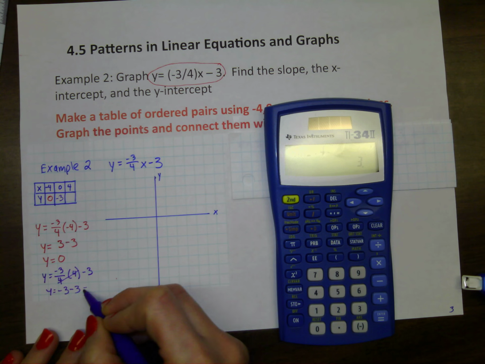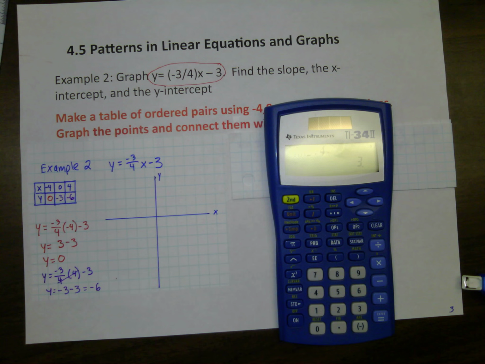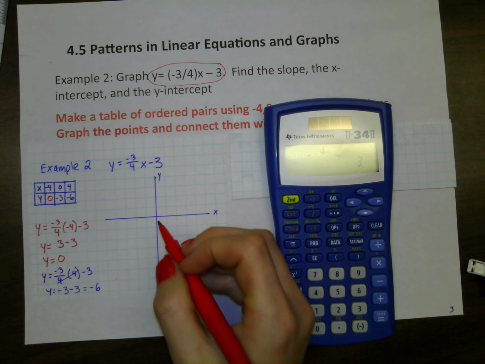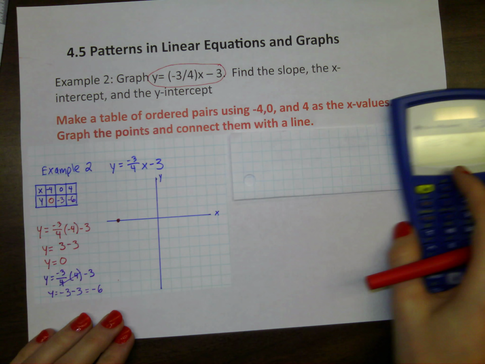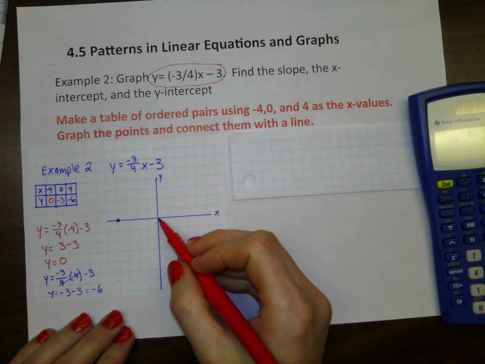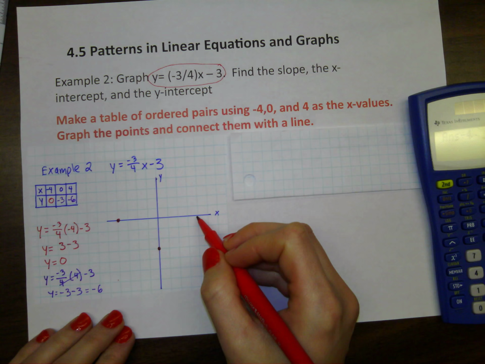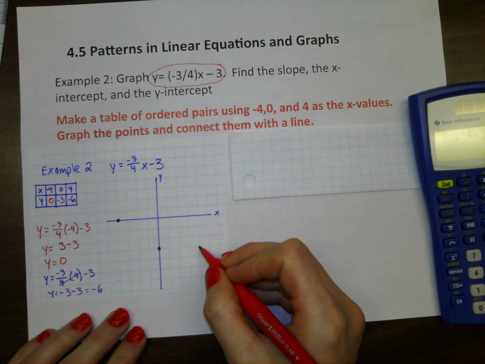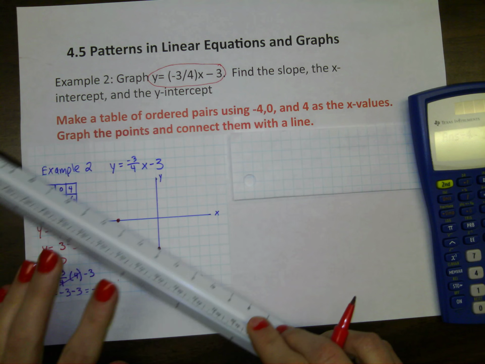And then the last one, I'm going to plug in 4 for x. So y equals -3 over 4 times 4 minus 3. Well, in this case, -3 times 4 is -12 divided by 4. These are just canceling out. -3 minus 3, which equals -6.